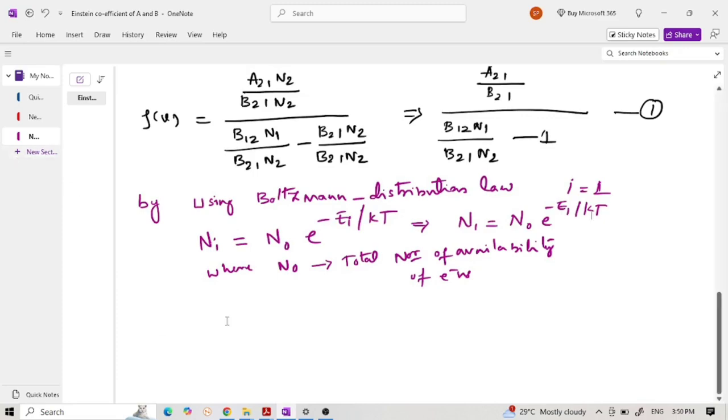And for i equal to 2, N2 is equal to N naught e raised to minus E2 divided by KT.